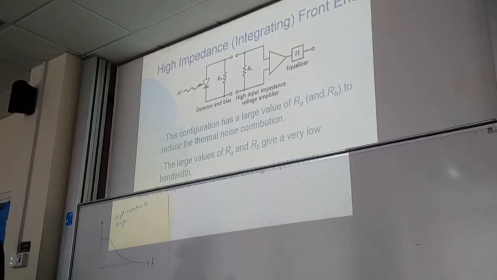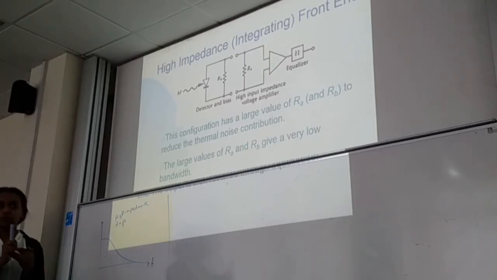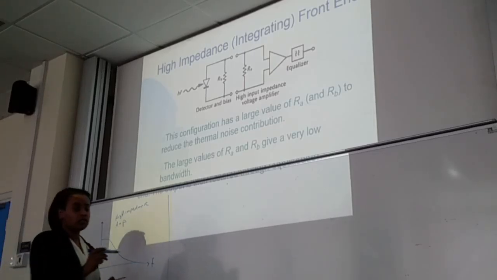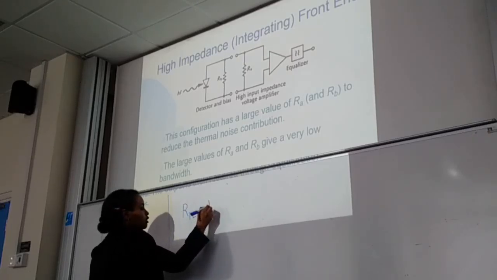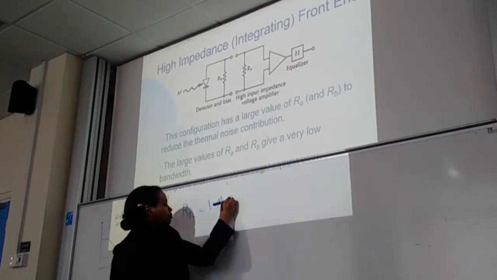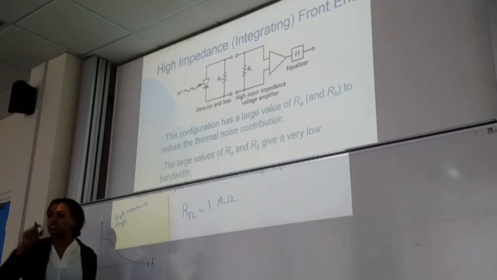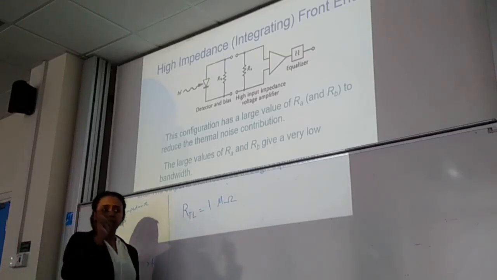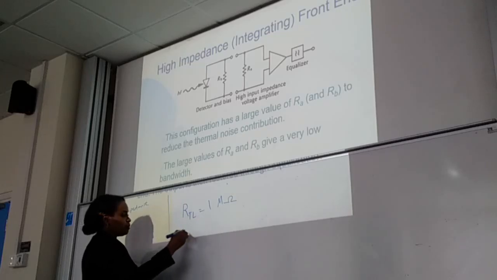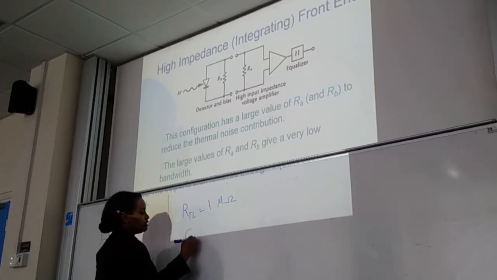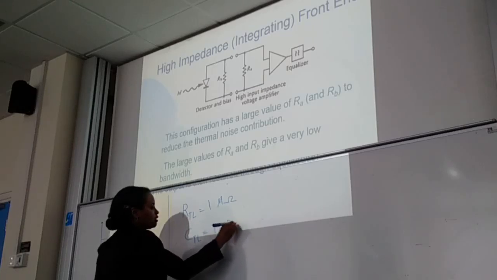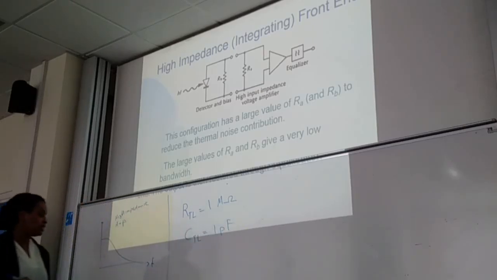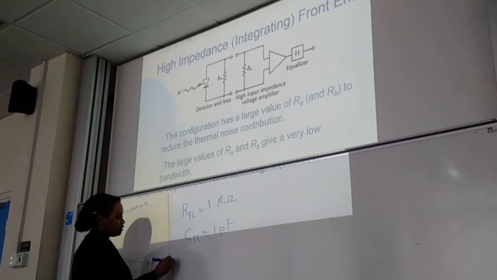So if we can increase them, let's say we have R total of 1 mega ohm, and we use a very small capacitor. Let's say that the capacitance we have is 1 picofarad. So let's try to calculate the bandwidth that we need.